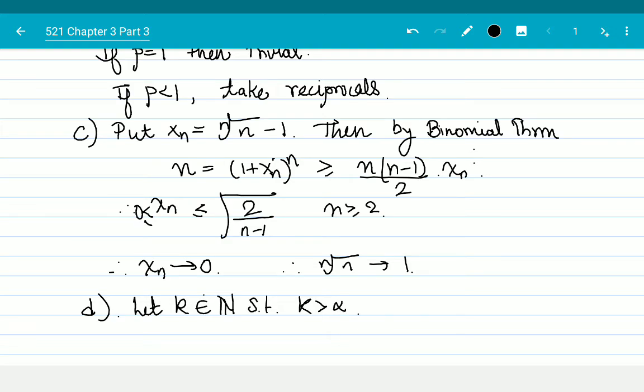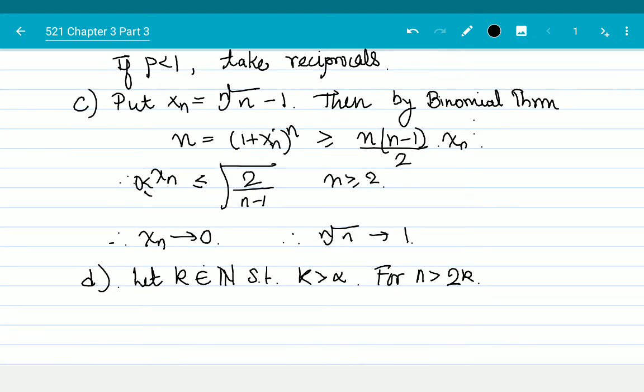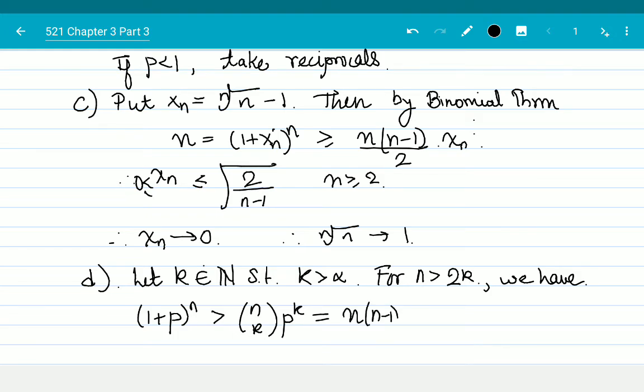Then for n greater than 2k, we have (1 plus p) to the n is greater than, and choose k, p to the k, again by the binomial theorem, which is equal to n times (n minus 1) times all the way up to (n minus k plus 1) all over k factorial.